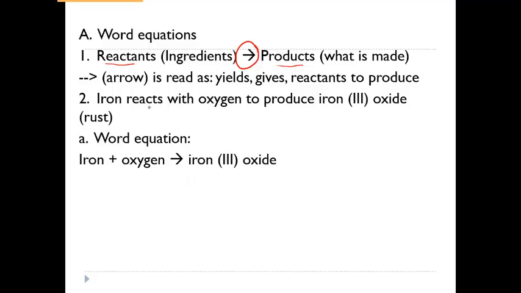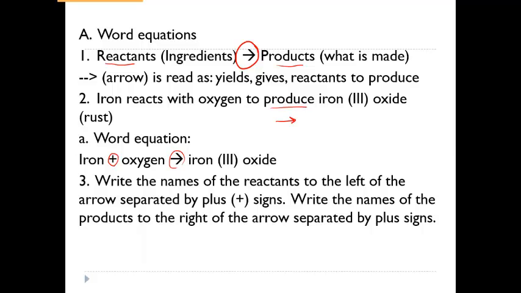So when we say iron reacts with oxygen, you're saying iron plus oxygen. The produces is where our yield sign comes in. That's one of the names for that arrow. And then the iron 3 oxide is a product, so it's over here on our right hand side as a product. So all we've done is we've taken this more sentence format, and we've replaced ands with plus symbols, and produces with arrows.